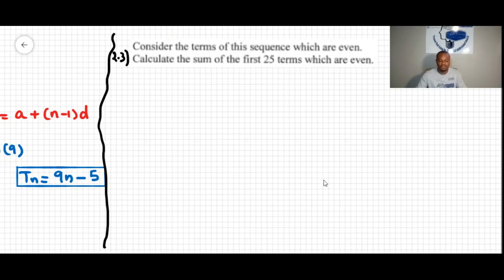Consider the terms of this sequence which are even. So we're talking about the terms that are even. Even numbers are those that we can divide by 2. Calculate the sum of the first 25 terms which are even. All right. So in this question we're looking for S25.